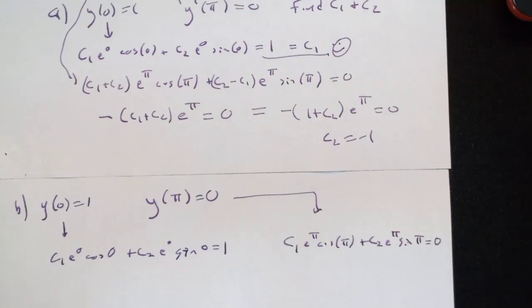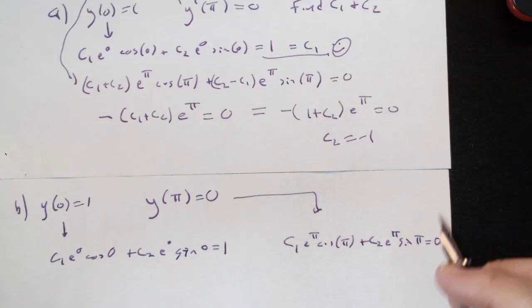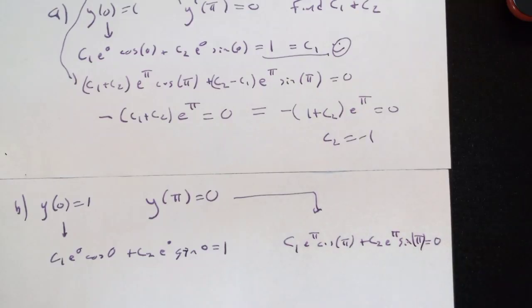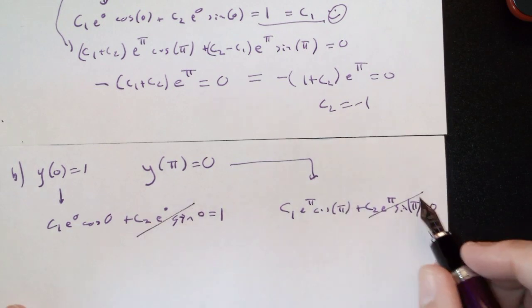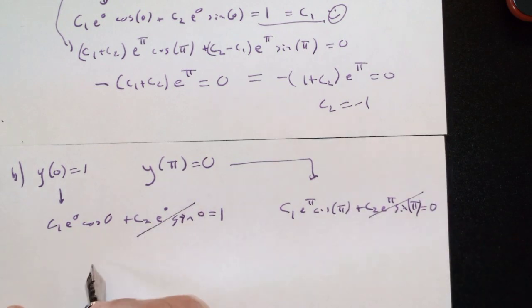Again, let's simplify as far as we can. Cosine of 0 is, sine of 0 is. Same thing over here with the pi's. Cosine of pi is, sine of pi. So this is 0, this is 0. This tells me that C1 is equal to 1.